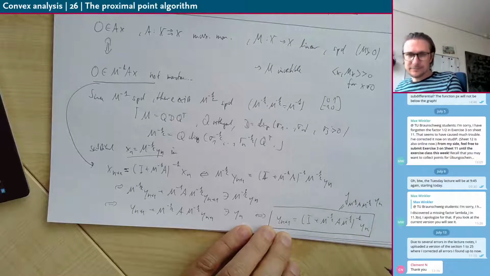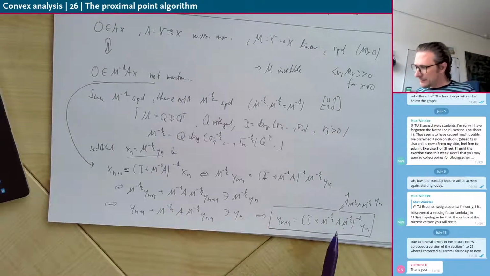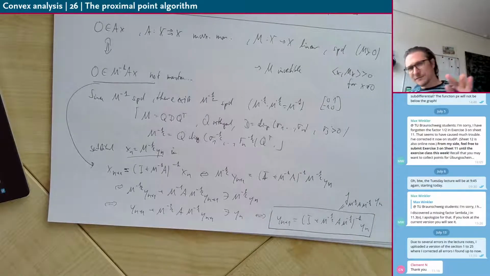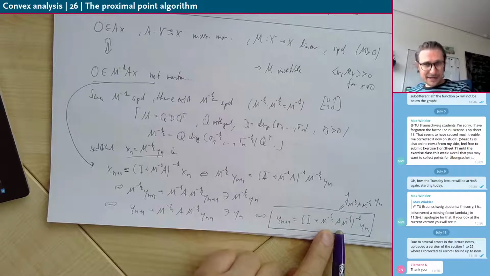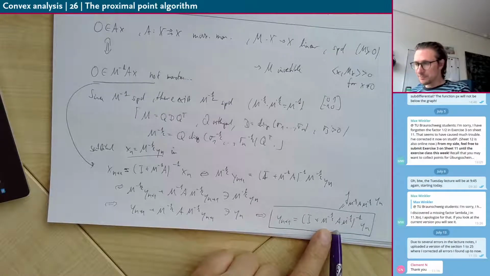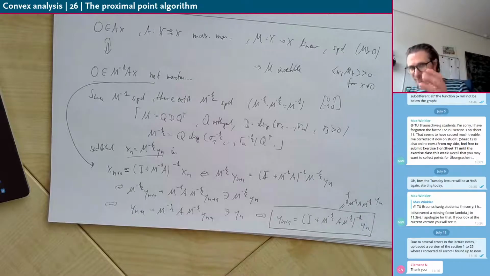And this operator A, multiplied from the left and from the right by M to the minus 1/2, is still a positive semi-definite operator. That's nice, monotone again, and also maximally monotone again. It's simple to see that this is still monotone. You just have to multiply from the left and the right, and then in the products you can move one over to the other side, so that's pretty clear.